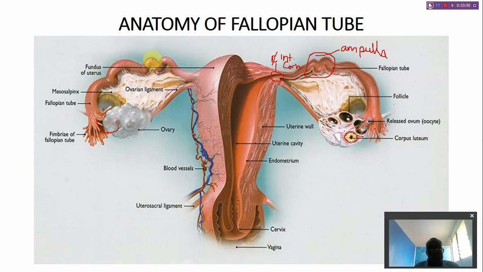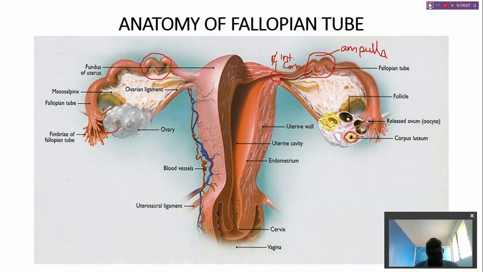This is the place where fertilization takes place. The sperm goes through the cervix, through the endometrium, into the ampulla and fertilizes the egg there.